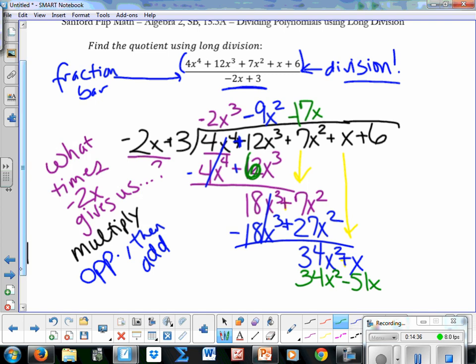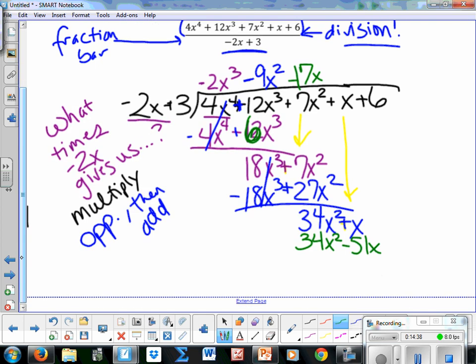Ooh, these numbers are getting a little big, but that's okay. We can still work on them. Okay, so opposite, add: 34x squared plus negative 34x squared gives us 0, so those cancel out. x plus 51x gives us 52x. All right, and once again, we're bringing down that last term, that constant.